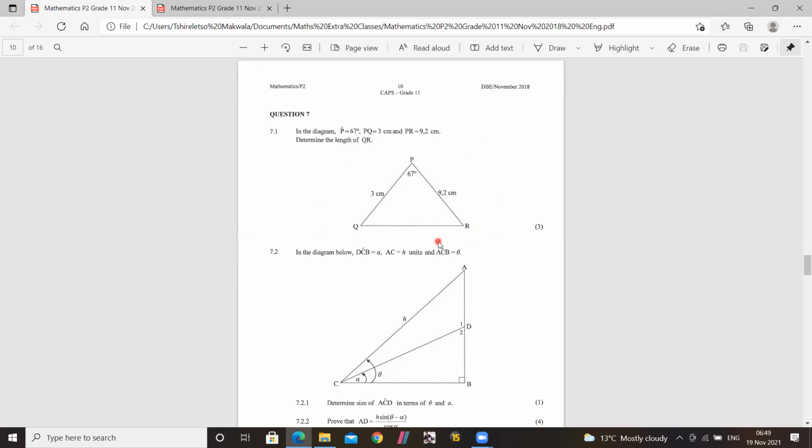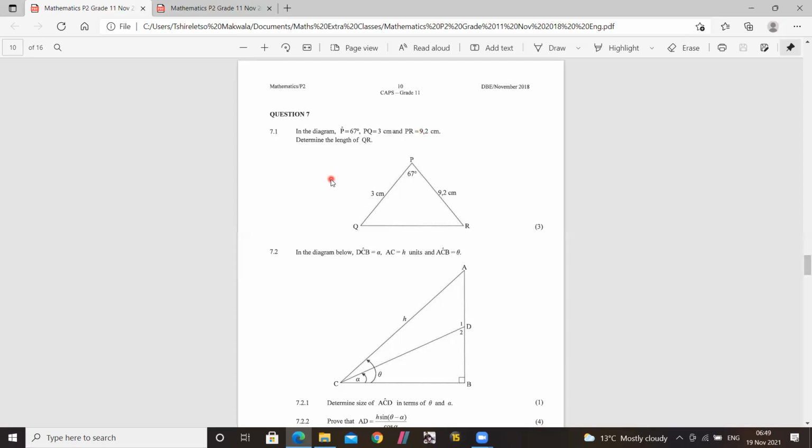Maybe it's a right angle triangle or not. Here we don't have a right angle triangle, so we can't use trig ratios. Therefore, we should use sine rule or cos rule. So how do we determine what rule to use, sine rule or cos rule?